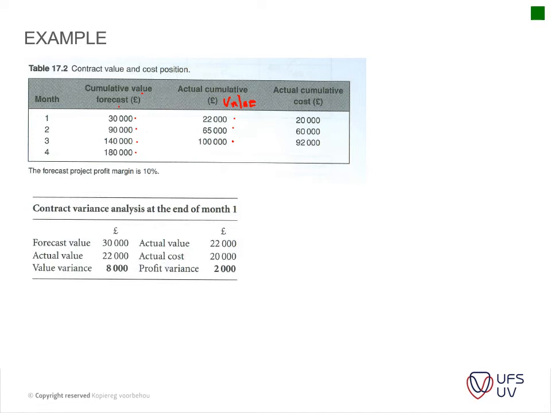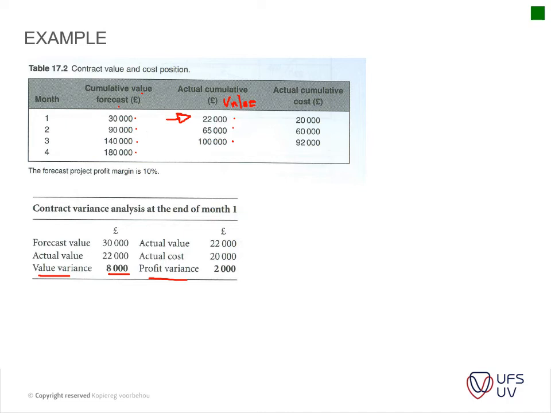I'll typically give you a scenario like this, and then you must be able to calculate the value variance and the profit variance. The value variance is very simple. You've got your cumulative forecast value minus your actual cumulative value, and it gives you a difference of 8,000 Rand, or pounds in this case.